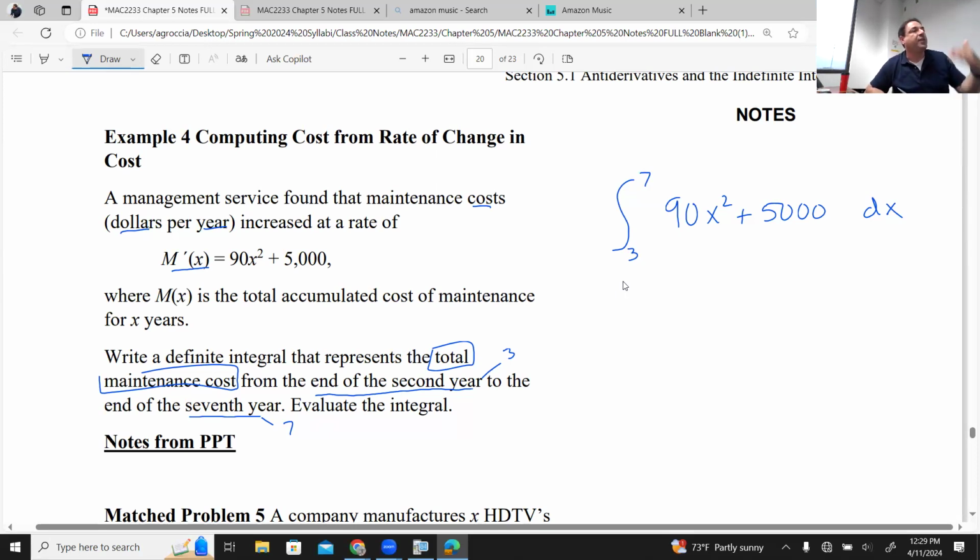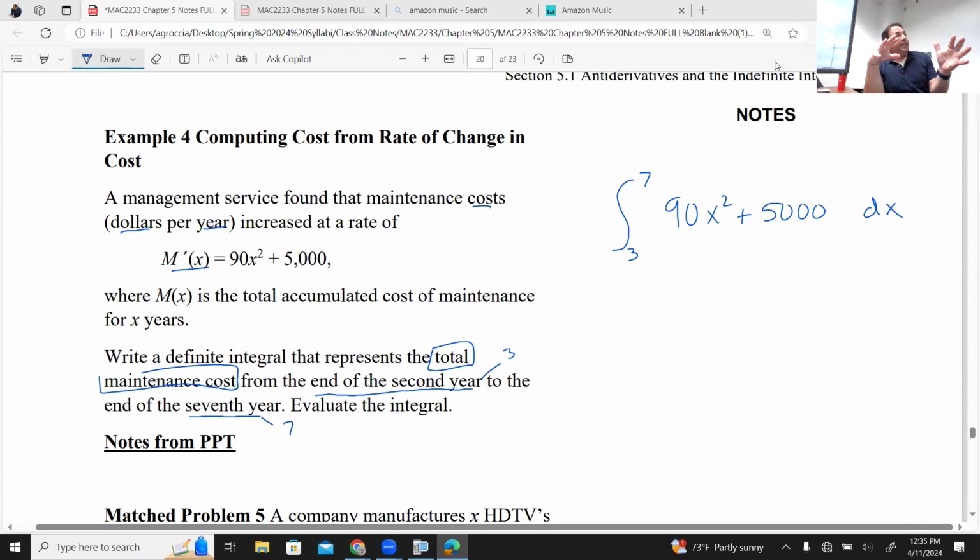But let's say you're given 3 to 7. So what does this mean? You're given a marginal cost and we need to work backwards. That means integral. When I take the integral, I'm going to have the cost, not marginal cost, the cost. And then I don't want the cost for all 7 years. I only want the cost from year 3 to year 7. So bottom line, there's your problem. Take the integral, plug in the numbers, check in the calculator.